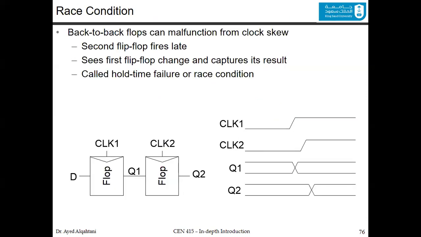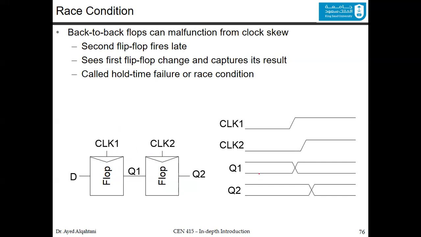Now, one problem in flip-flops is the race condition. Let's take this example. If you have a flip-flop and another flip-flop, meaning they'll have two latches here and two latches here, and you assume that you have a clock here and you want the exact same clock here, no matter what you do, one of them will be faster than the other.